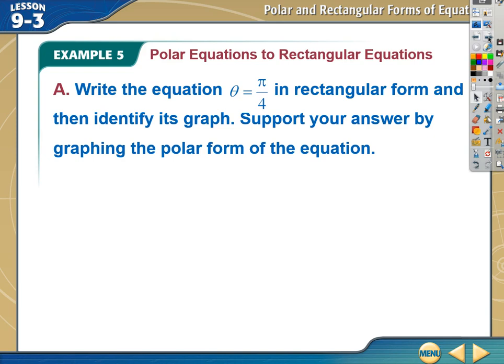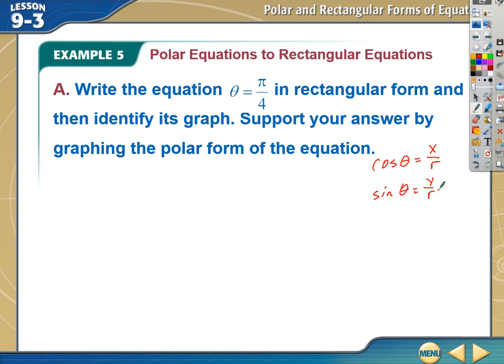Well, the big things to remember, and it's not always here, is that usually there's a cosine or a sine in a polar equation. So things you need to remember is that cosine of theta is equal to x over r, and sine of theta is equal to y over r.